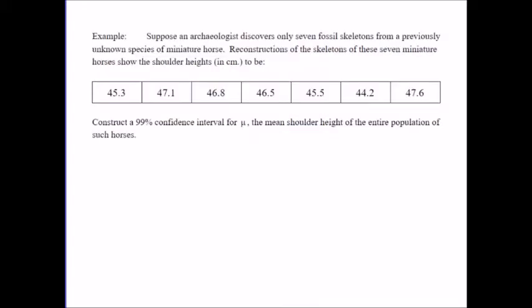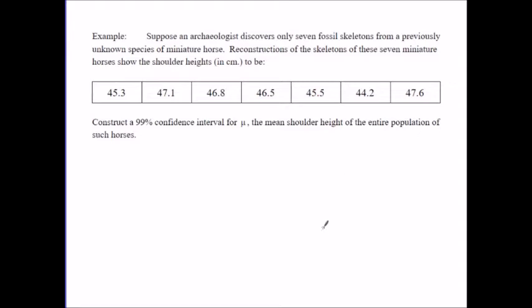Just jumping right into an example, suppose an archaeologist discovers only 7 fossil skeletons from a previously unknown species of miniature horse, like Little Sebastian on Parks and Rec. Reconstructions of the skeletons of these 7 miniature horses show the shoulder heights in centimeters to be, and you see them there. To construct a 99% interval for mu, the mean shoulder height of the entire population of horses, I'm going to use my calculator.